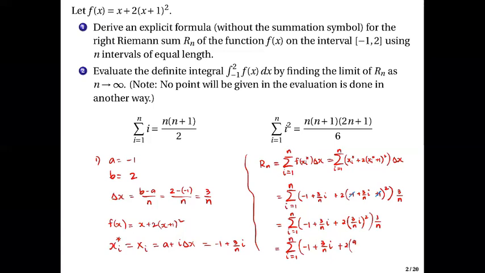So (3i over n) squared becomes 9 over n squared times i squared. And then everything is multiplied by 3 over n. So if we simplify this further, we have sum i from 1 up to n of -1 plus 3 over n times i plus 18 over n squared times i squared. And then we still have this 3 over n.